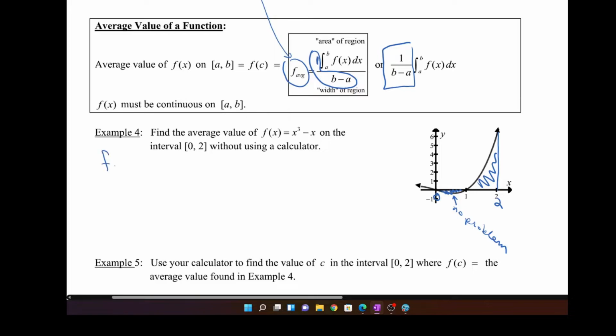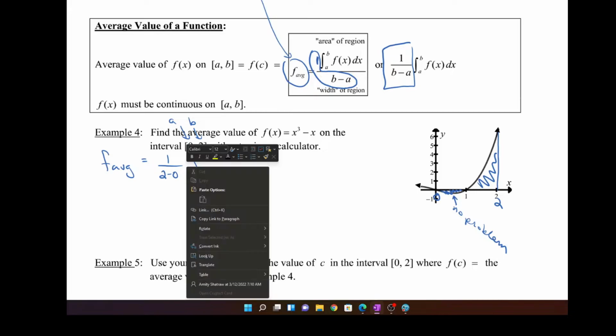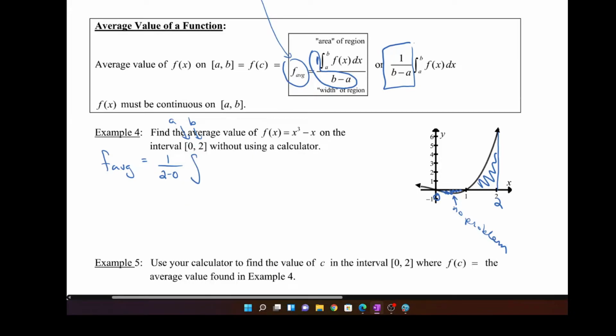So the f average is going to be equal to 1 over b minus a, where that's a and that's b, so 2 minus 0, times the integral. I just want to make sure that that is times. The integral from 0 to 2 of x cubed minus x dx.